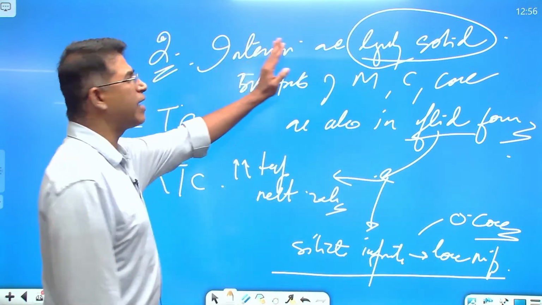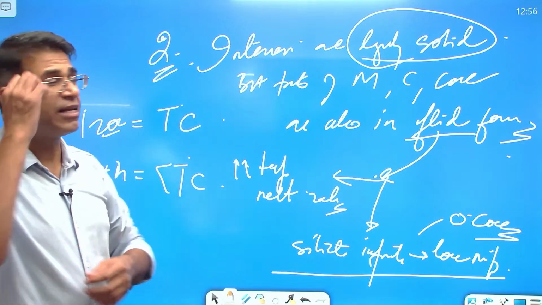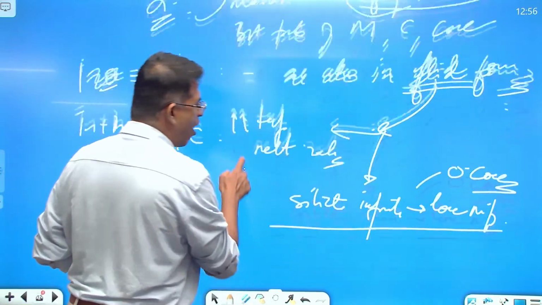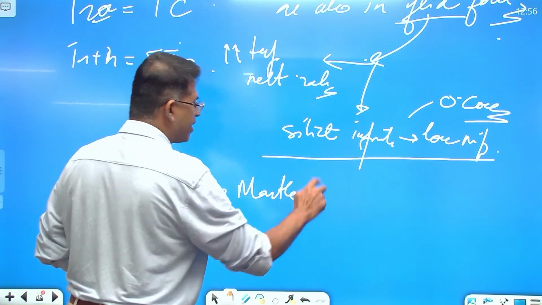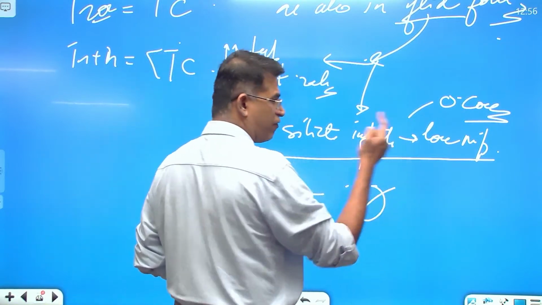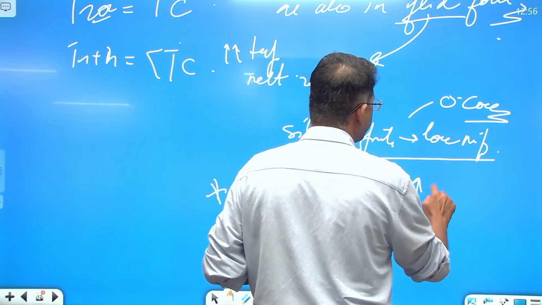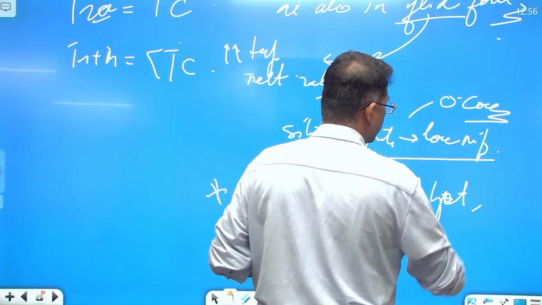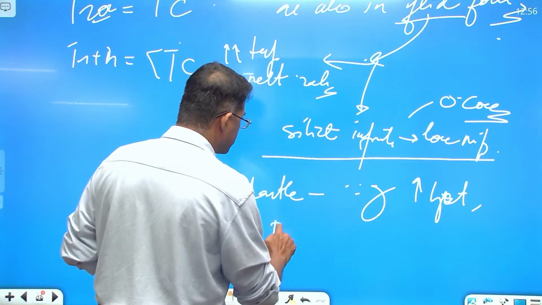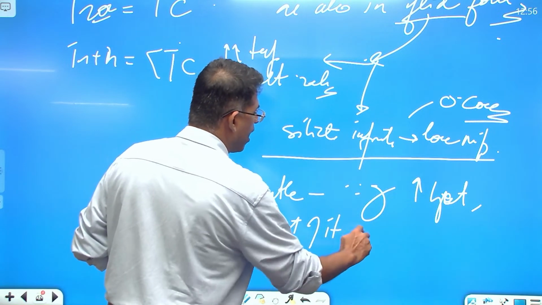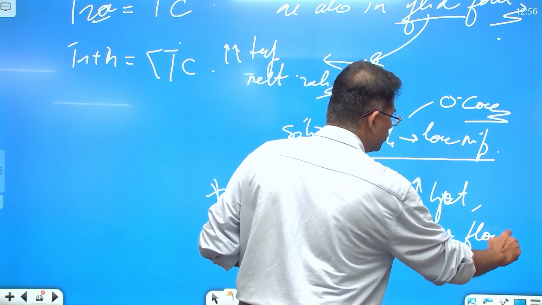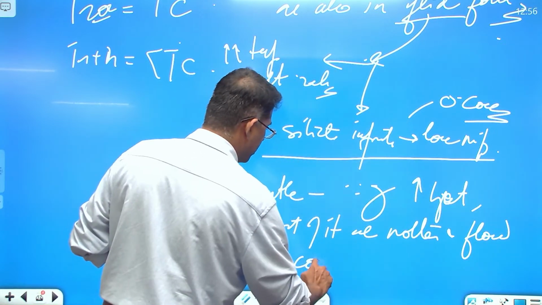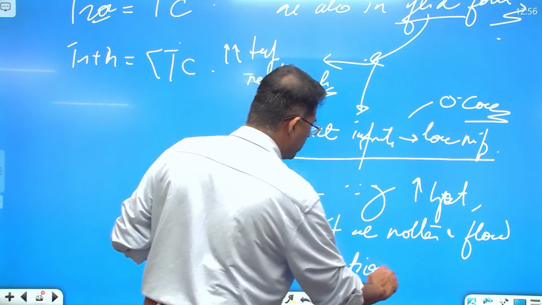Okay, so this is one aspect of interiors. It's largely solid. And one more point I added yesterday, that the mantle, because of a high heat, parts of it are molten and they flow as convection currents.